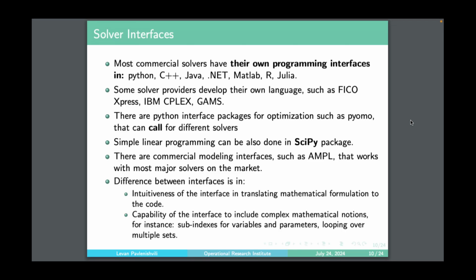AMPL solves that problem. With AMPL, you can learn just AMPL, and then call a solver from AMPL. That's a good thing about it. It's basically an interface package that solves your problem of learning many different packages for different solvers, and you just use one interface and one approach.